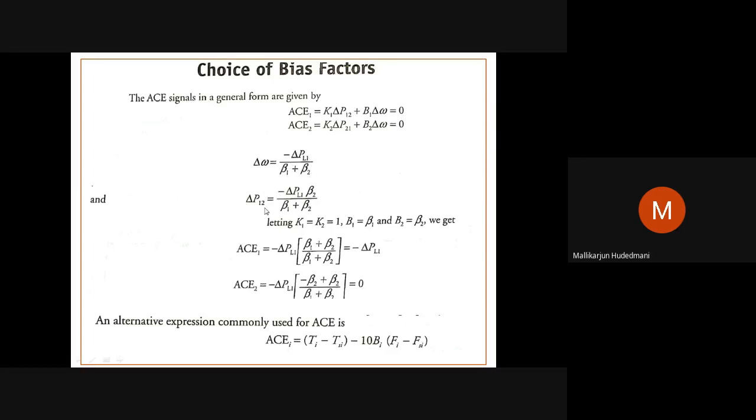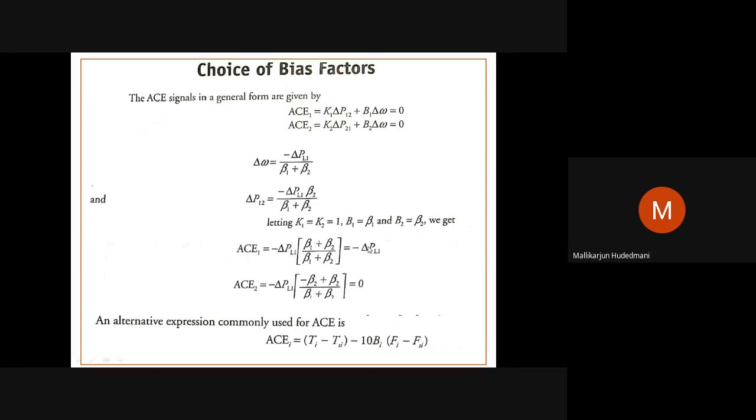This delta P12 works out as delta PL2 beta 1 divided by beta 1 plus beta 2. That time the minus becomes plus. It means when I consider a change in load in area 2, I use delta PL2 and delta PL2 beta 1 divided by beta 1 plus beta 2 in this equation. Now you may get a similar answer.